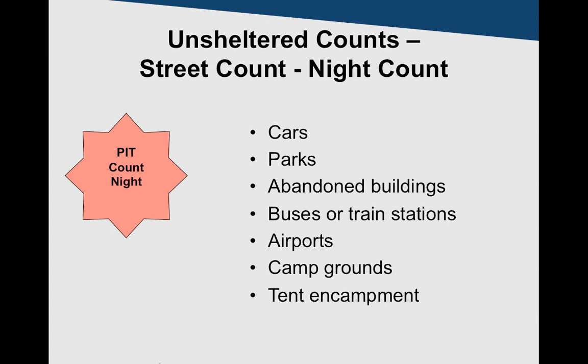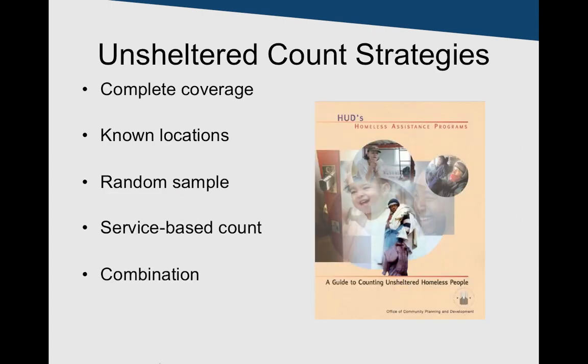An unsheltered count may also be called a street count or night count that involves counting people who are staying in public or private places not designated for human habitation during the period between dusk and dawn on the night designated for the point-in-time count.